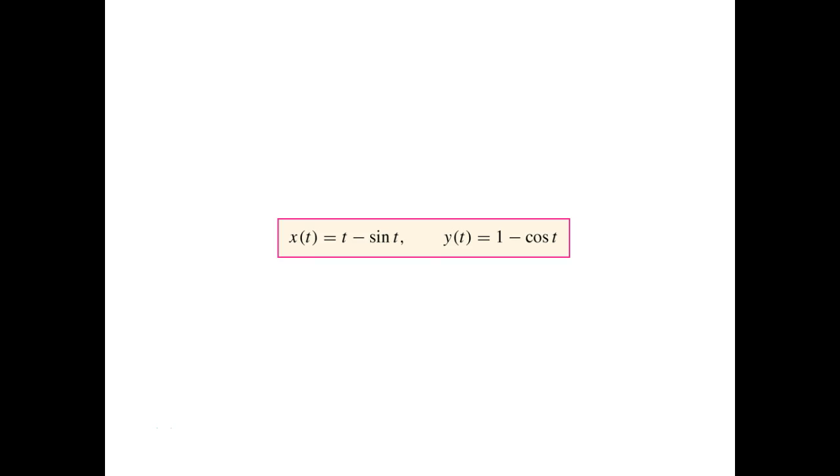And at pi, when t is pi, cosine is minus 1, right? So 1 minus a minus 1 is 2, and you go back here.